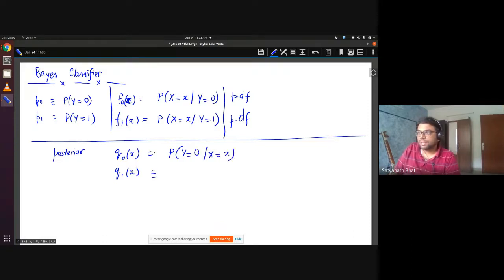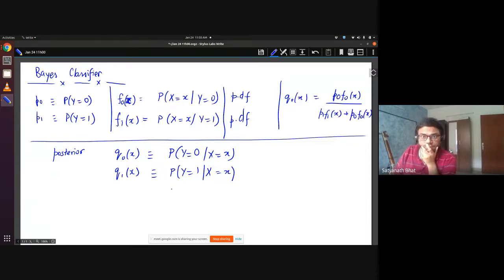We define q1 as the probability that y is equal to 1 given x is equal to small x. We estimate q0 and q1 using this formula: Q0 of x is equal to P0 F0 of x divided by P1 F1 of x plus P0 F0 of x. So I hope everybody understands the difference between F0 and Q0, right?